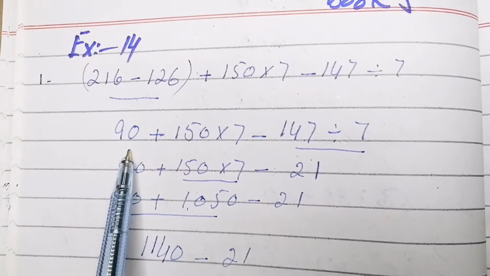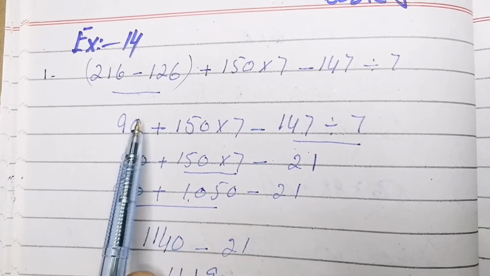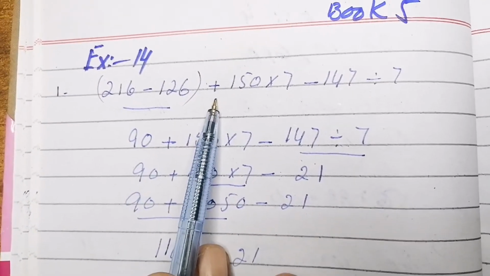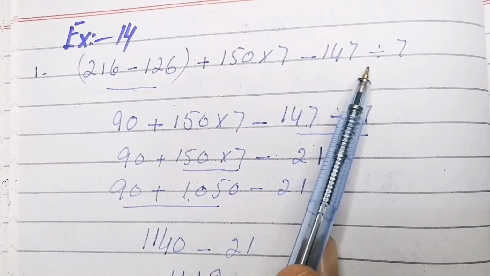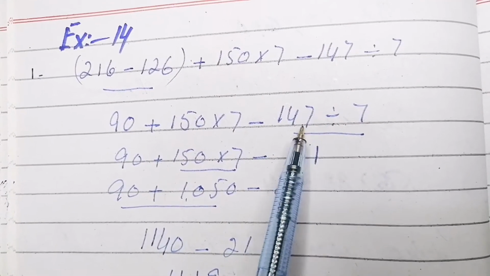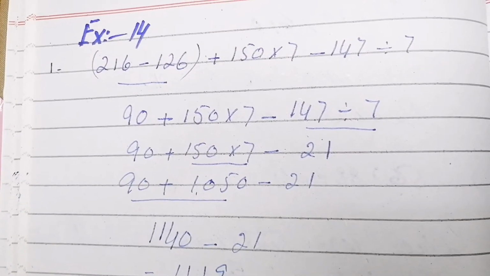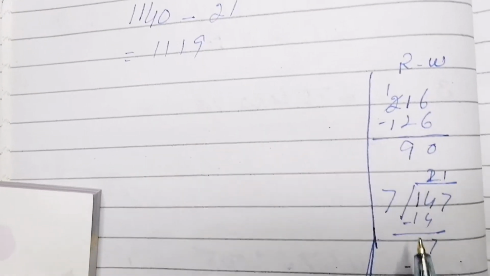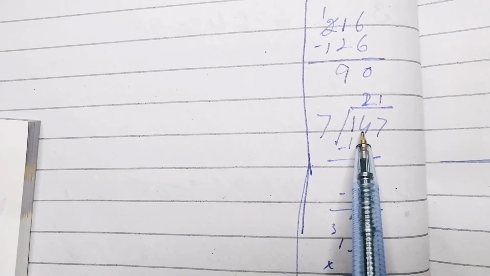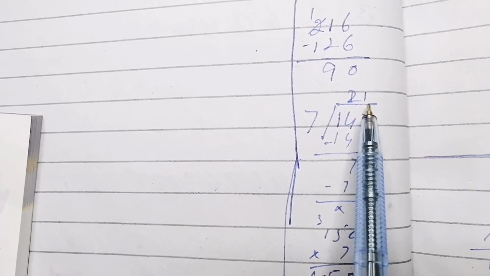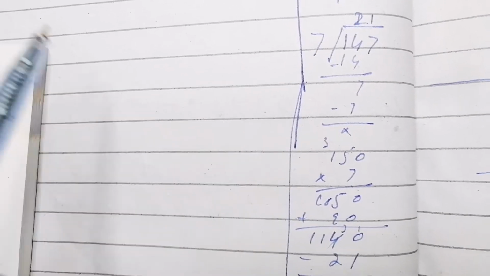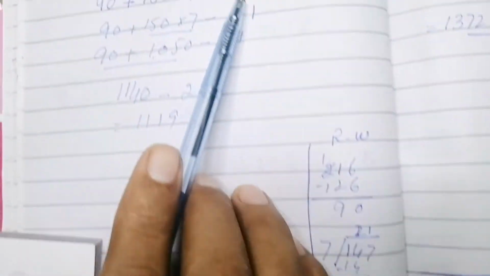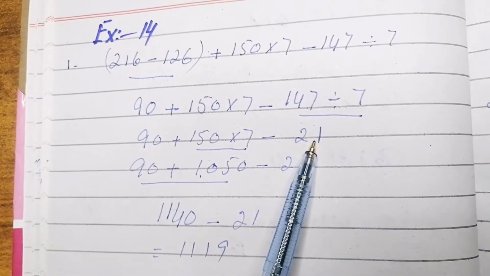So bracket we have solved, 216 minus 126 is 90, plus 150 multiply 7 as it is. Then division we will solve, 147 divided by 7. Here I have done this in the rough work also. So when you divide 147 by 7, it becomes 21 as the answer, right?